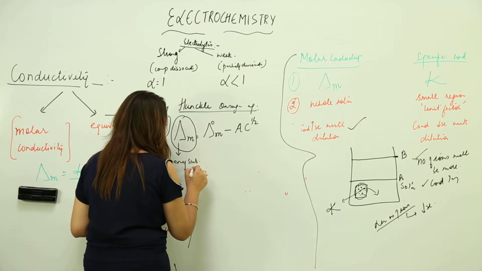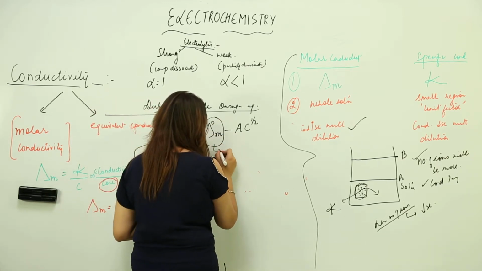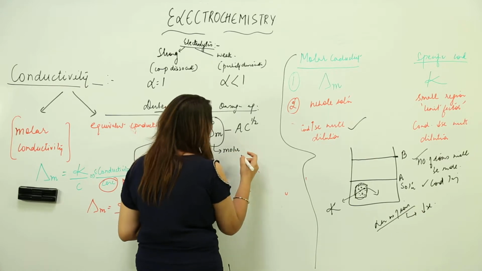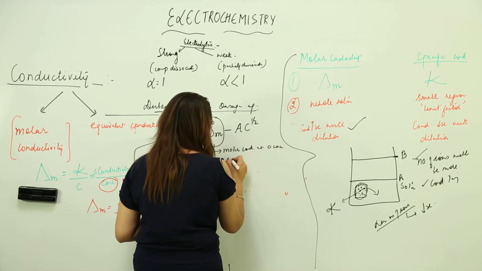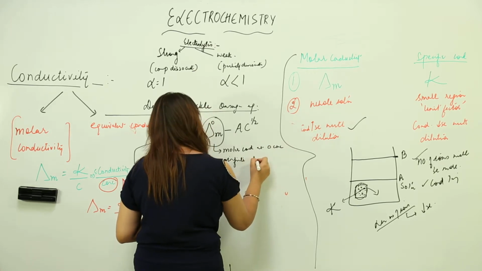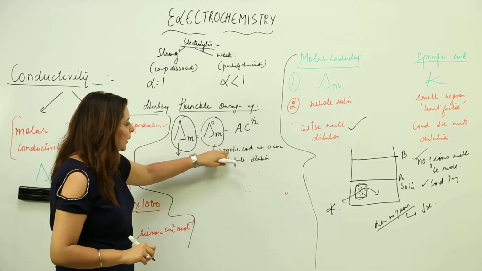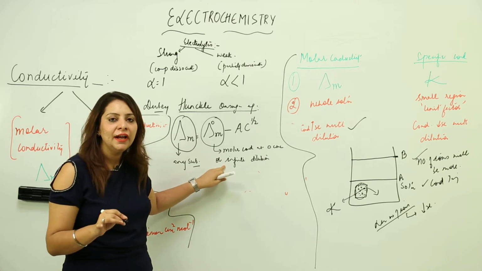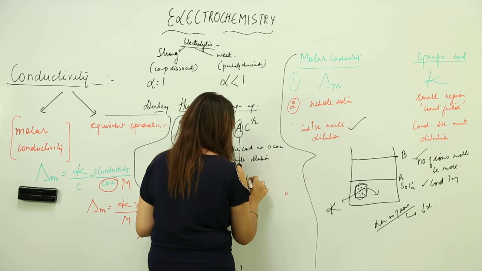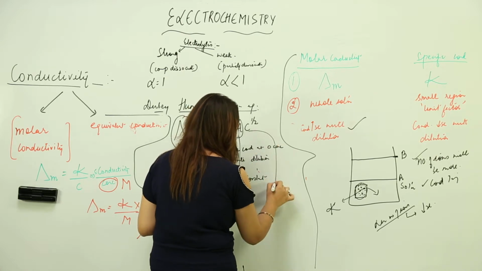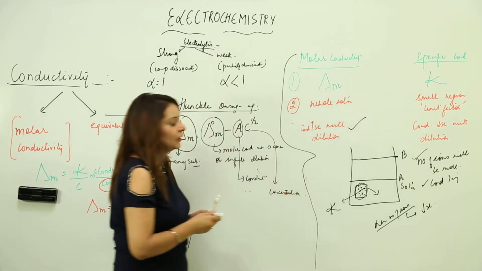Lambda naught m is the limiting molar conductivity at zero concentration, or at infinite dilution. A here is a constant, and C is the concentration.